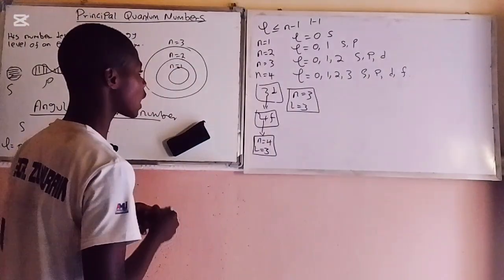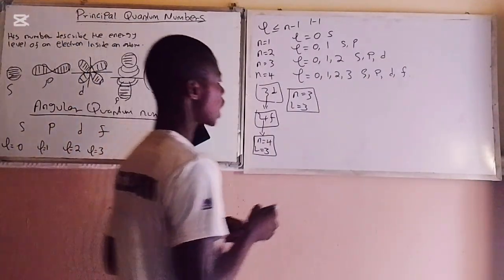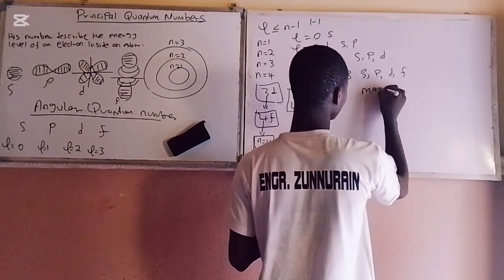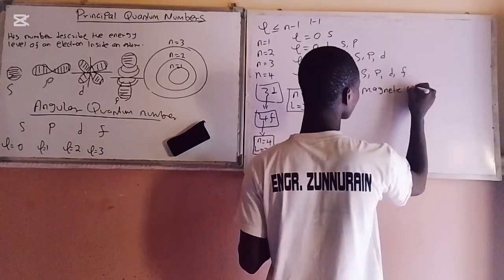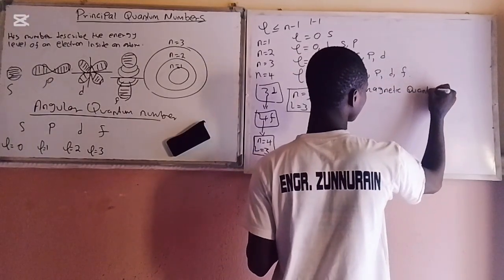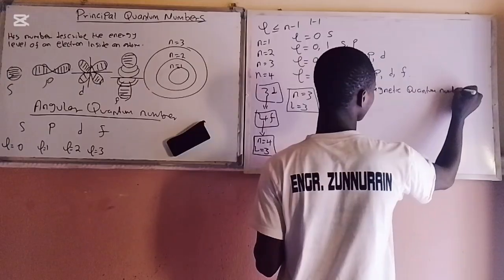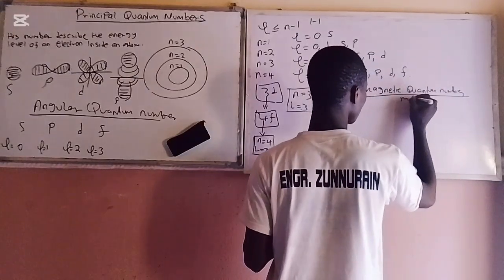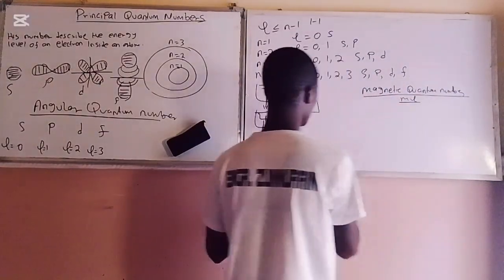So let me talk about the magnetic quantum numbers. The magnetic quantum number is known as ml.